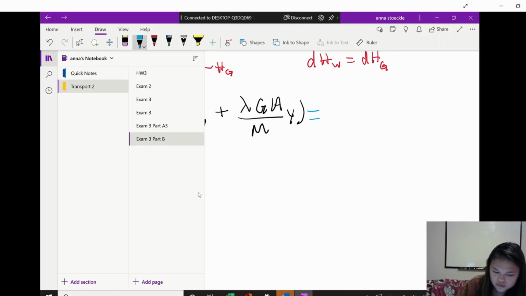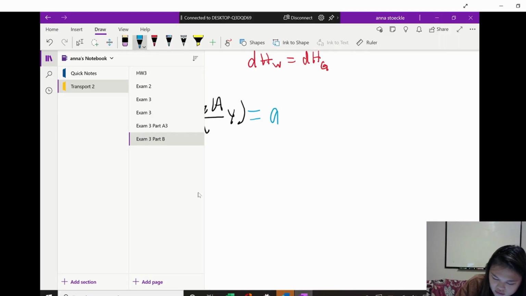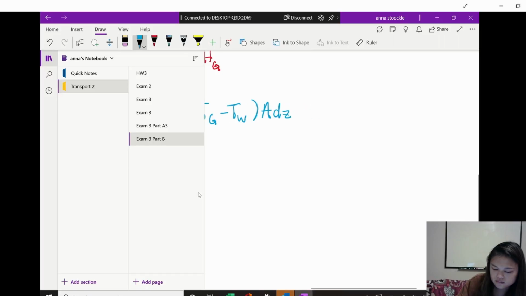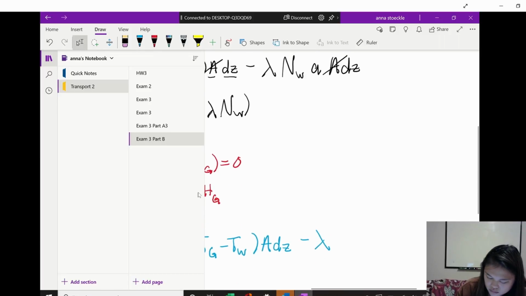Set it equal to that specific area multiplied by that heat transfer coefficient, temperature of the gas minus the temperature of the water, times the area, heat of vaporization, molar flux multiplied by that specific area, and dz.